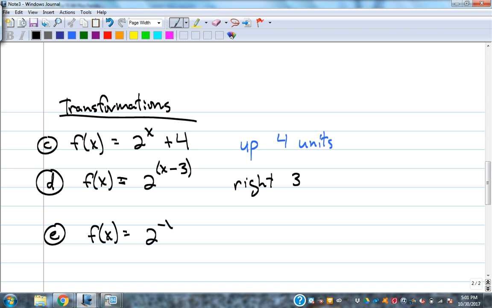And if you're ever in doubt, graph it and look at it. What's this one doing? Doing a couple of things. 2 to the negative x minus 5. Going down 5 units. Okay, I agree with that.